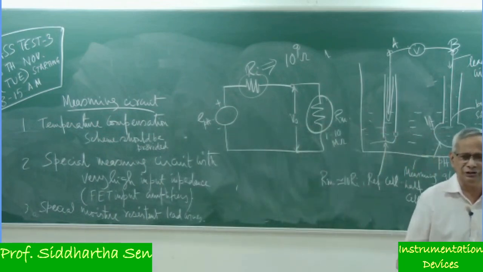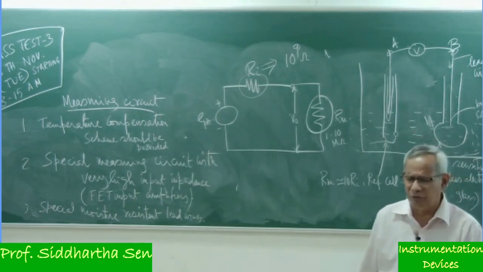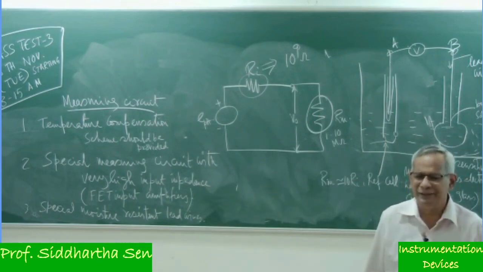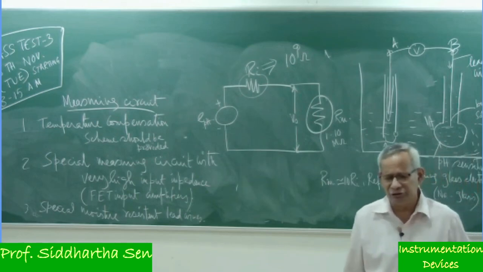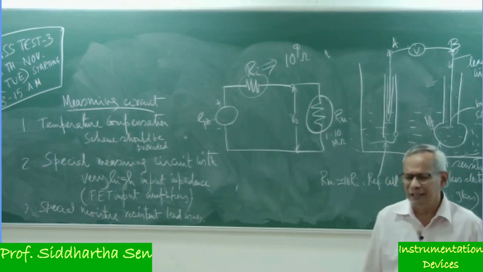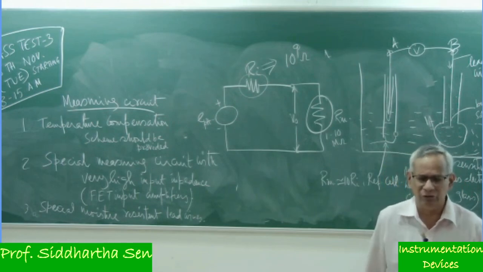Often the insulation resistance is also in the range of 1 mega ohm or 5 mega ohm, 10 mega ohm like this. That will not do; the insulation resistance has to be much higher. And in fact, if there is moisture, this insulation resistance will go down. So we should not allow that.